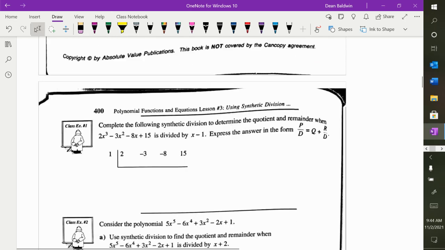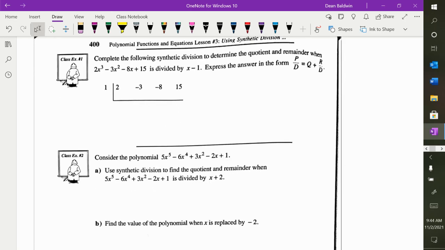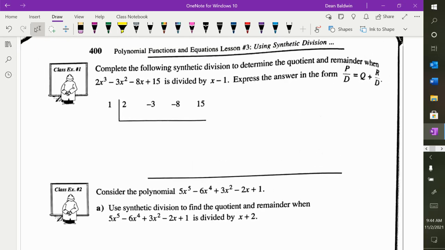Here we go. They've set it up for us. So we are dividing 2x cubed minus 3x squared minus 8x plus 15 by x minus 1. What makes this equal to 0? 1. So that's where this number comes from, right?